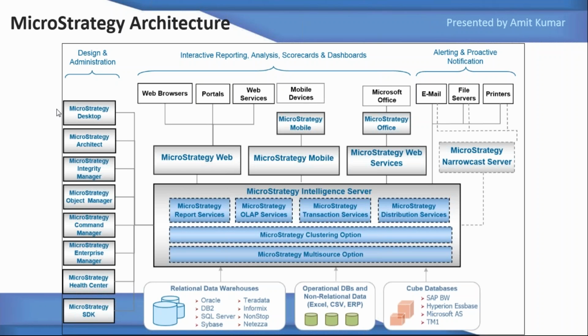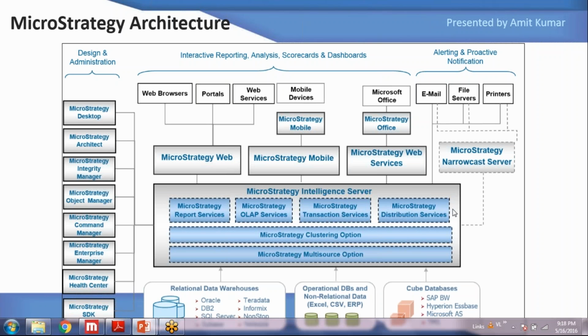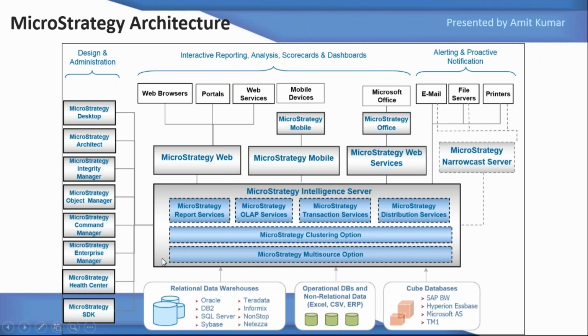As you're developing the dashboard here, after the development is complete, you need to deploy this to a MicroStrategy Intelligence Server. You can see this portion is a server. You need to deploy it in the server.